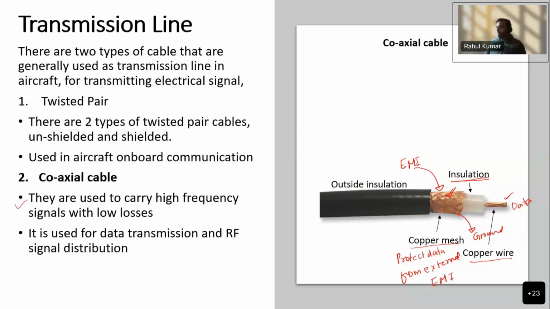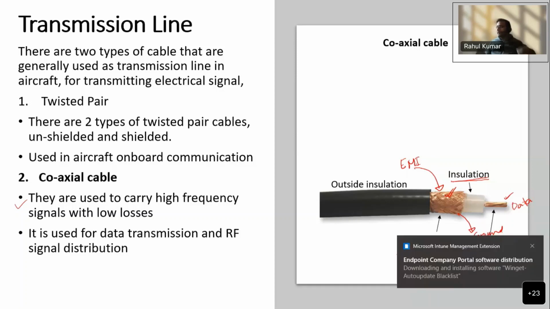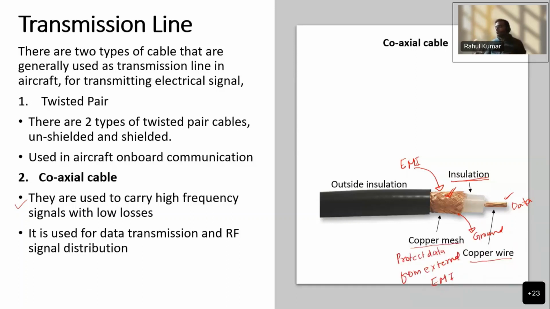Okay, but they are a little expensive and hard to install. And because of all this copper mesh and insulation, these coaxial cables are slightly heavier in comparison to twisted pair cables. So again, that would increase the weight of the aircraft.